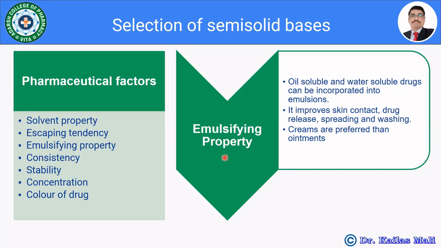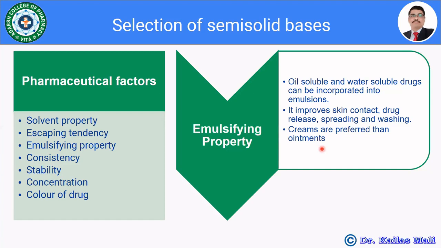It improves skin contact, drug release, spreading, as well as washing, depending on the type of emulsion. So creams are preferred over ointments. As we have already discussed the ointment bases, the cream bases are more easily washable than the ointment bases, except the fourth base, that is the water soluble base.